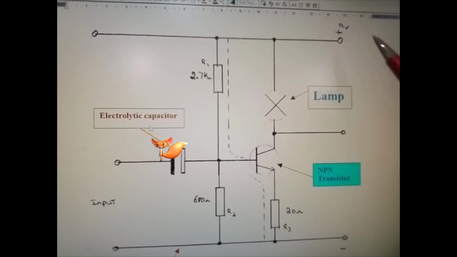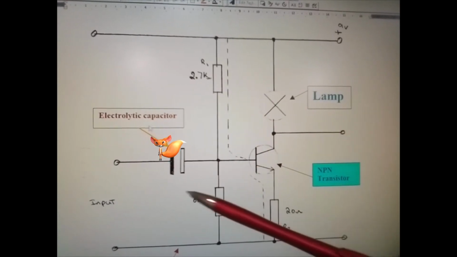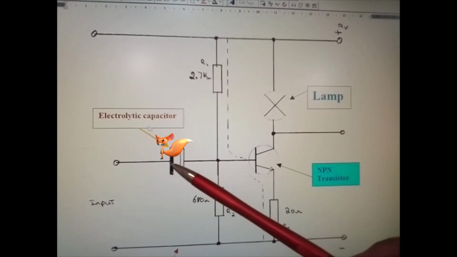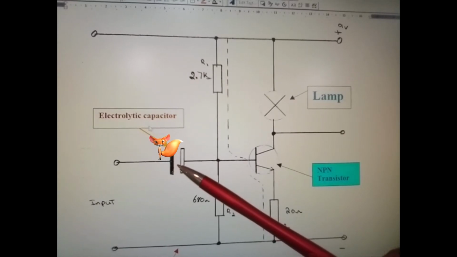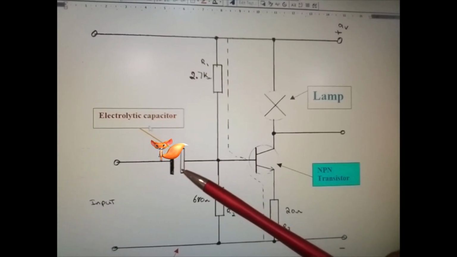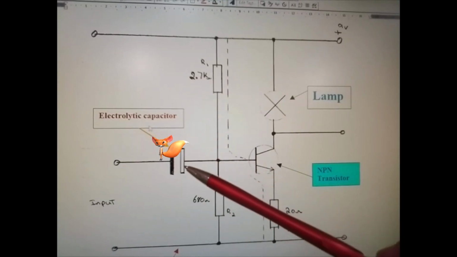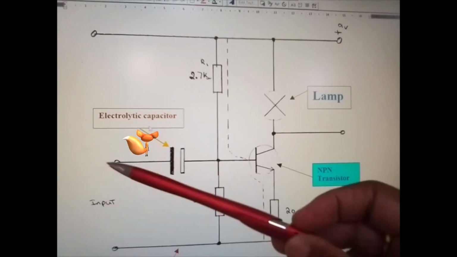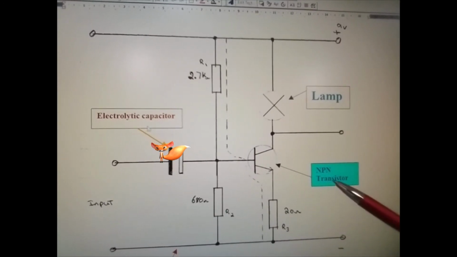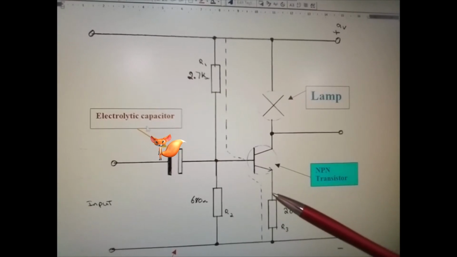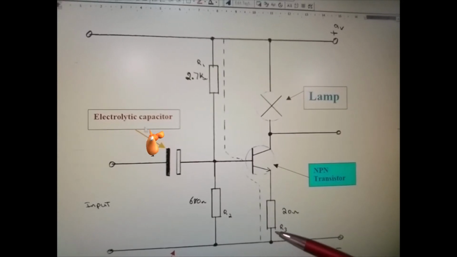So here, 9 volts rail, R1, R2 potential dividers, electrolytic type capacitor, okay, your input, NPN type transistor, okay, and this is your emitter resistor, okay, R3.